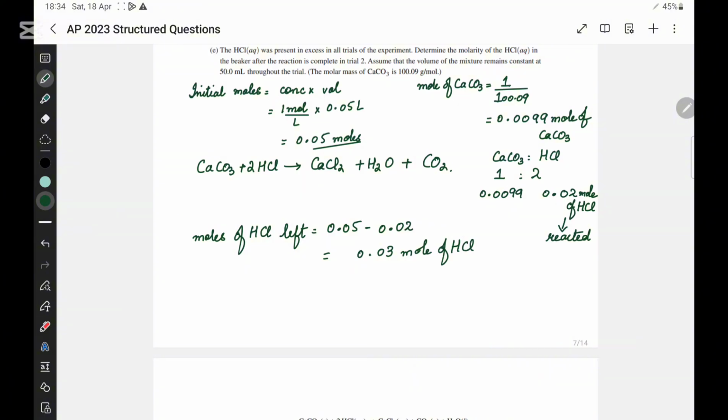Now we have found the moles, but we need to find the concentration in 50 milliliters. So concentration is equal to mole per volume. Mole is 0.03 and volume is 0.05. So the final answer comes out to be 0.6 molarity.